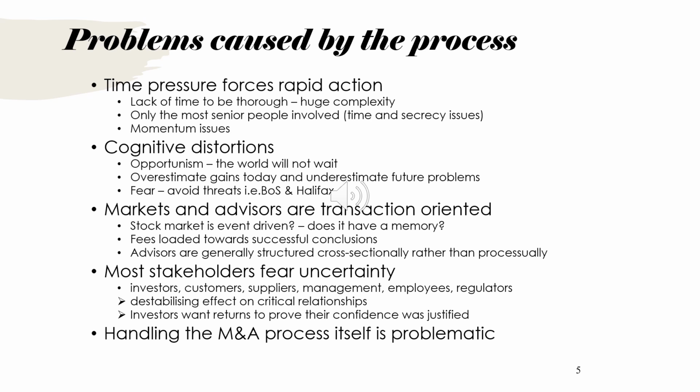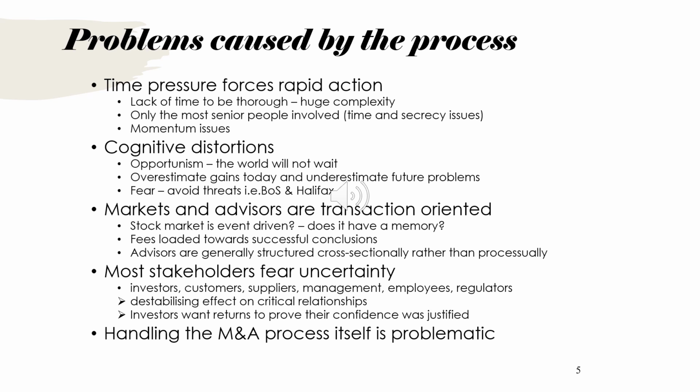Secondly, what we call cognitive distortions. These are human conditions where we tend to perceive and distort the world around us in different ways. One might be being optimistic. We feel the world will not wait for us, so we have to do the deal. We tend to overestimate the gains that we're going to achieve from the deal, and we tend to underestimate future problems.